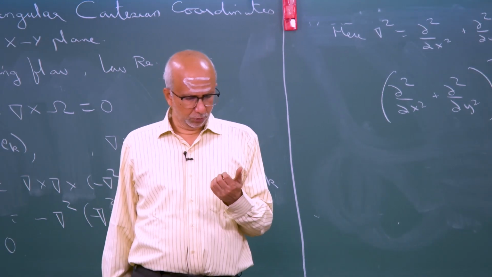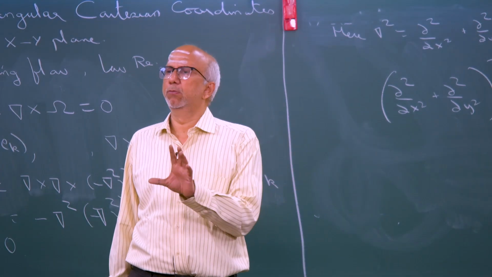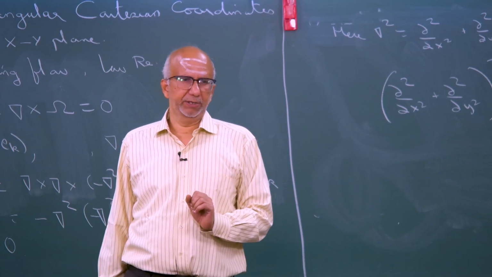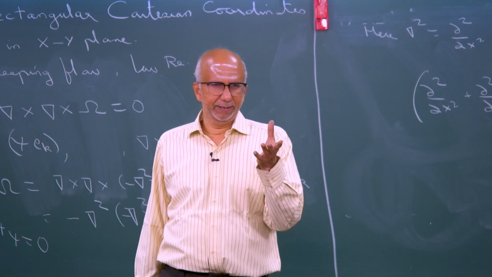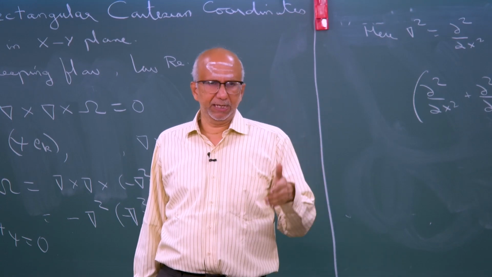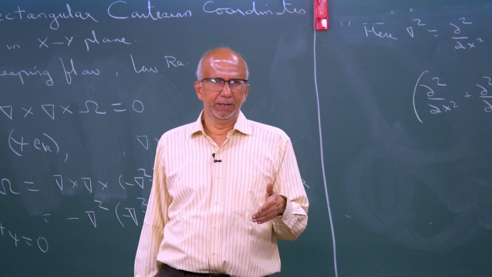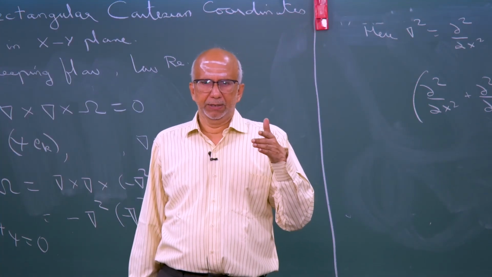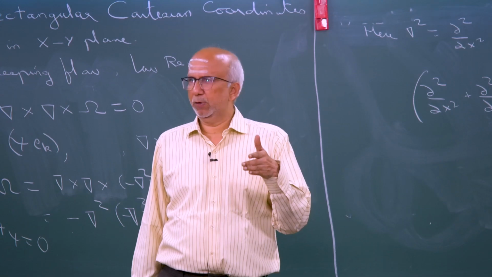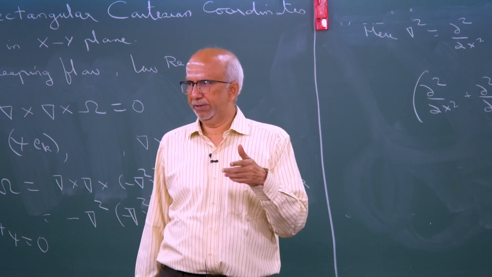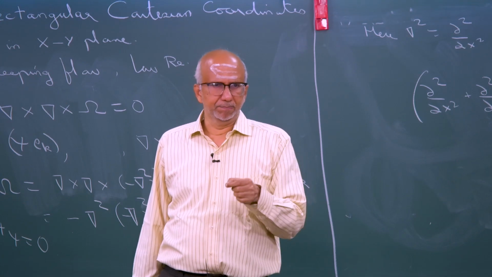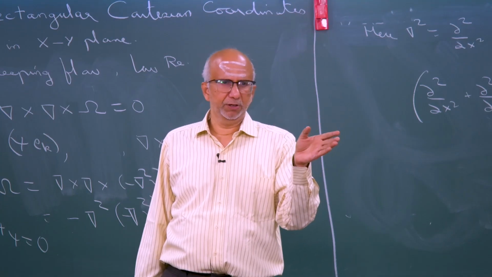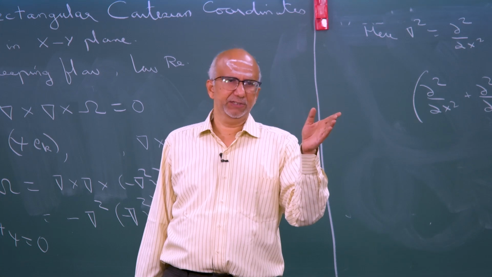Now what I want to do is move from Cartesian coordinates to cylindrical coordinates. Basically we are going to do the same thing, and the idea is that when you want to calculate the curl in cylindrical coordinates, some extra terms come, and that comes because the derivative of the unit vector in the theta direction is non-zero.